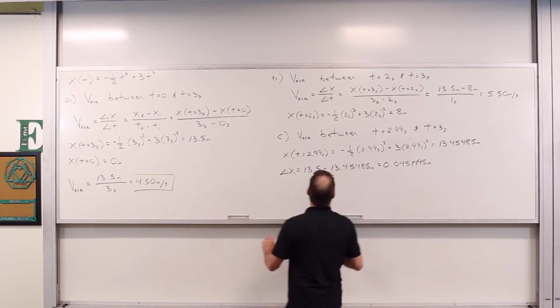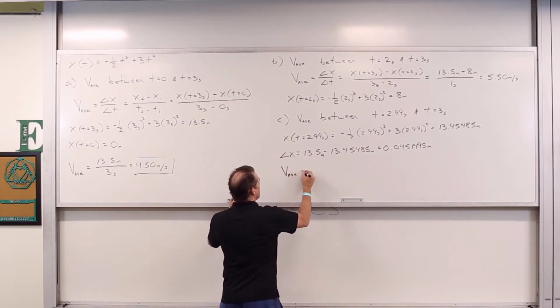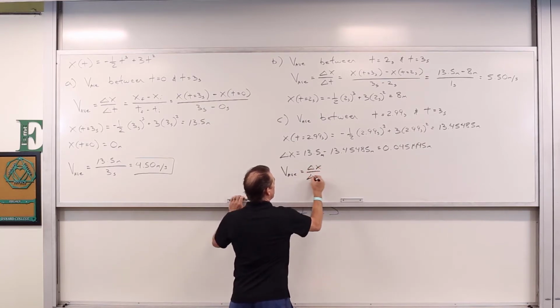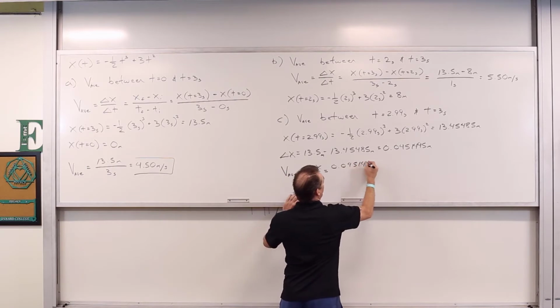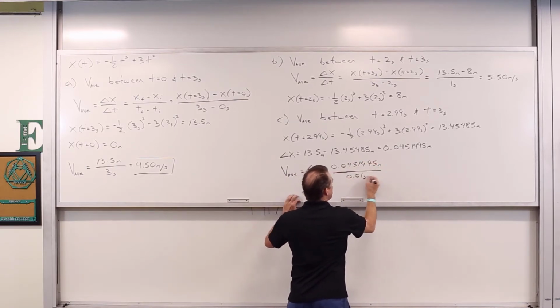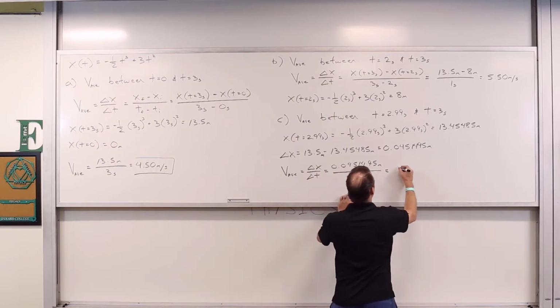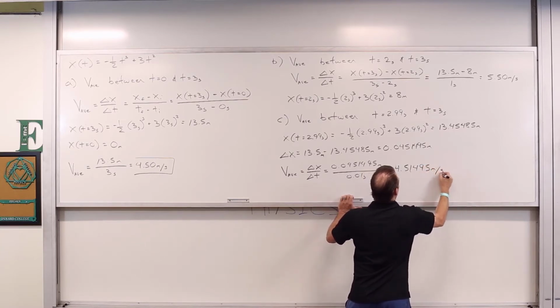All right, so then we want to get what v average is. And v average is going to be delta x over delta t, which is 0.0451495 meters divided by 0.01 seconds, which is equal to 4.51495 meters per second.